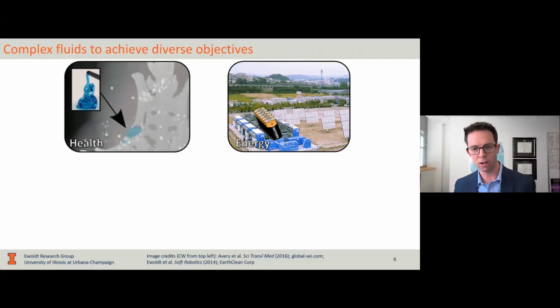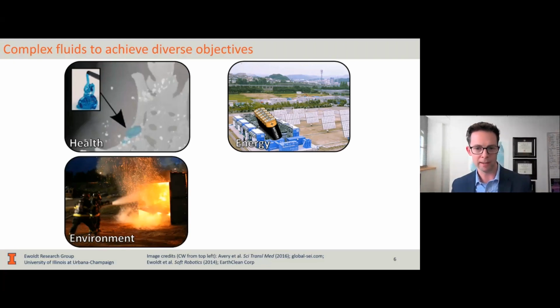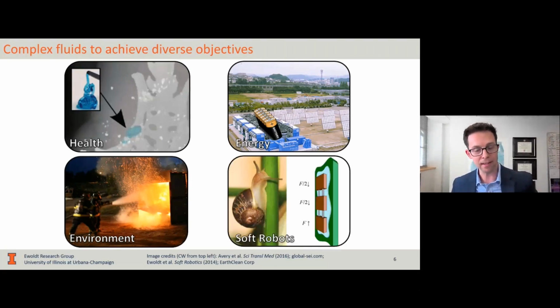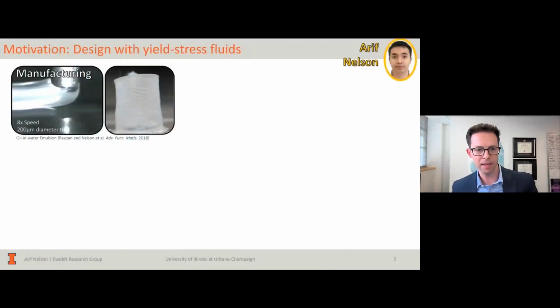They may be composed of polymers, colloids, and there's some wonderful design trade-offs to consider when formulating that. For the environment, it turns out you can put out fires better with complex fluids, whether they're gels or foams. And soft robotics, anything inspired by biology, of course, easily touches on soft matter and complex fluids.